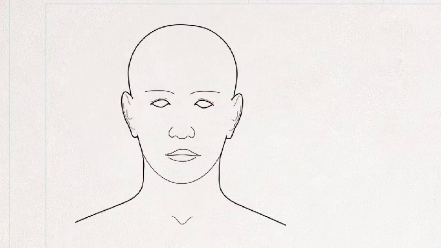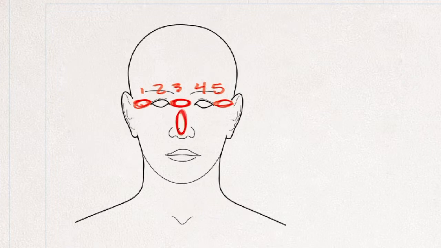If you were going to take the size of this eye here, there'd be one here, and one here. So it's five eyes across on your average human head. Now if you take that eye and turn it sideways, that's roughly the length of your nose.